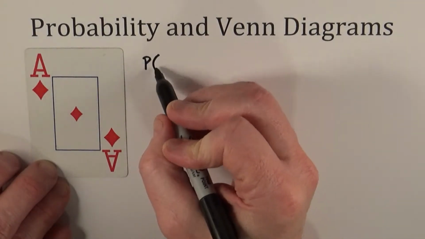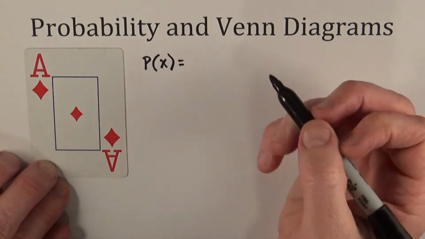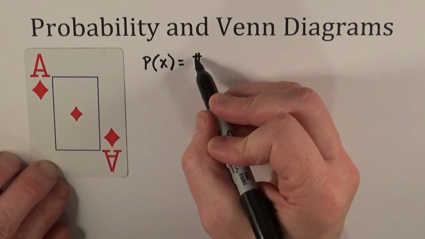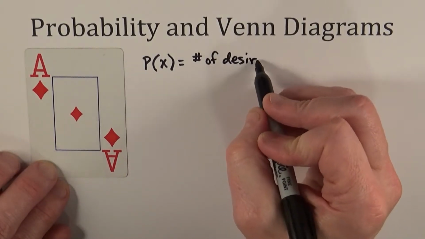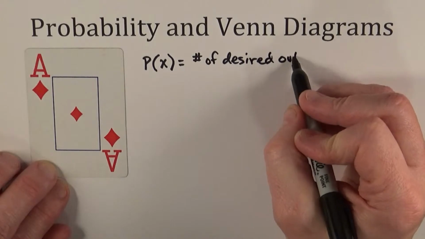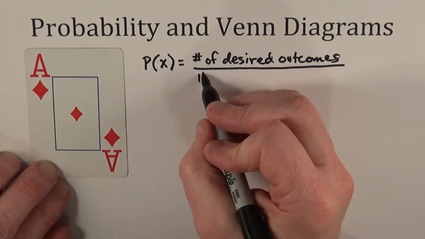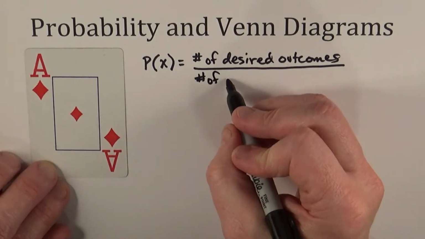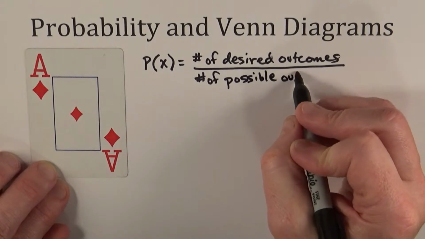But I'm going to say the probability of some event X occurring is equal to the number of desired outcomes divided by the number of possible or total outcomes.